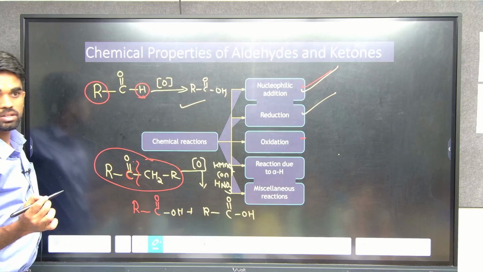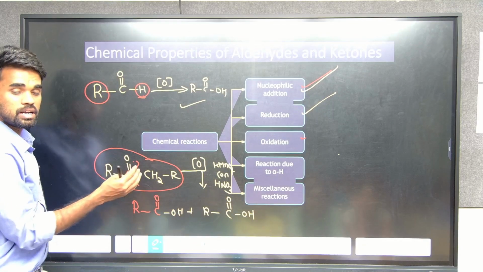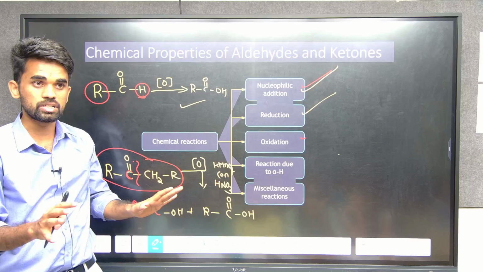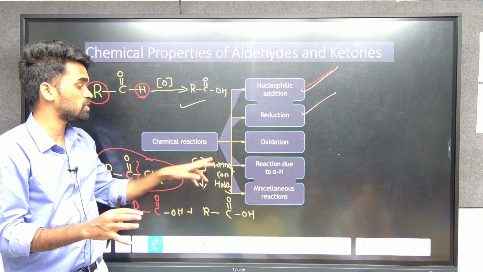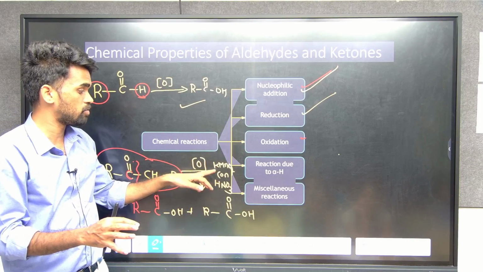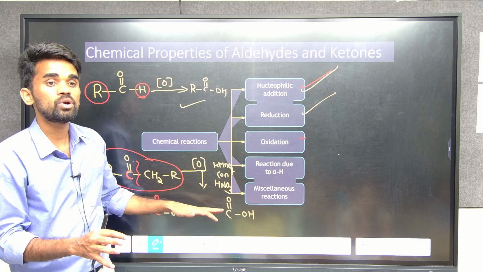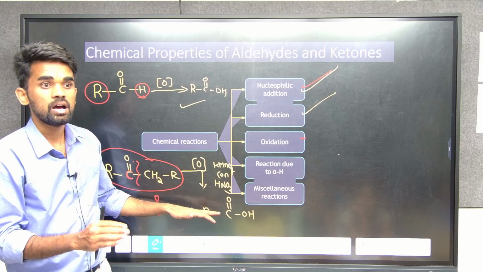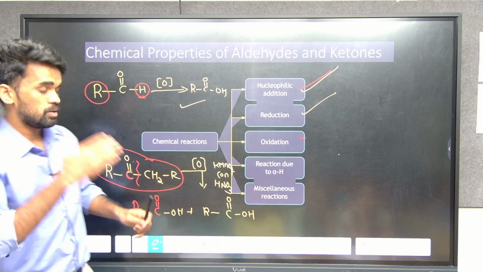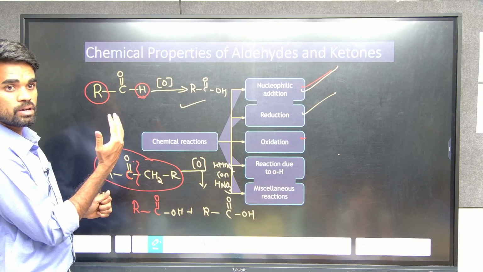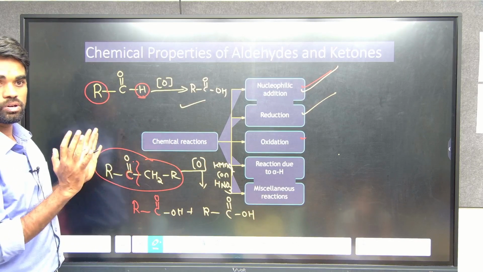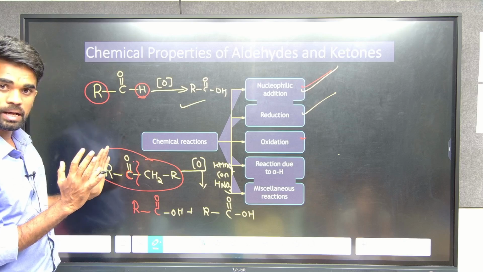So ketones under normal conditions give no reaction. With high temperatures or strong oxidizing agents like KMnO4 or nitric acid, reaction takes place and the product formed is carboxylic acid. How can we decide the product? Break the bond, convert them into carboxylic acids. Clear up to here? Okay.